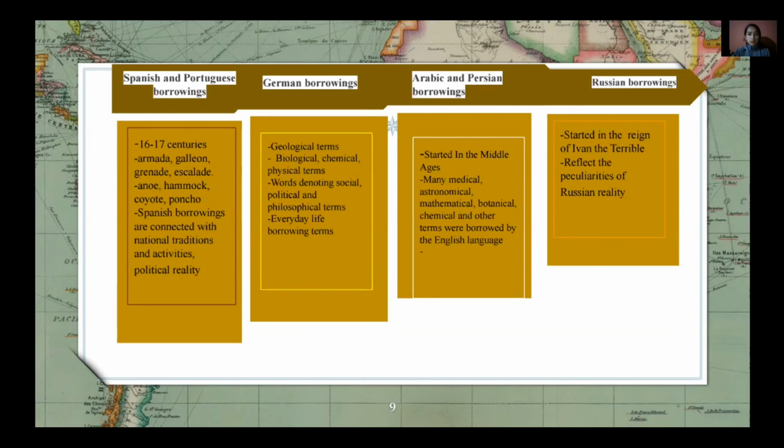Next, we have Russian borrowings. The process of borrowings from Russian started in the reign of Ivan the Terrible. Early Russian borrowings reflect the peculiarities of Russian reality, like vodka, ruble, steppe, and troika. With the beginning of the English colonial expansion in the 16th and 17th centuries, many words penetrate into the English vocabulary from the languages of colonial countries.